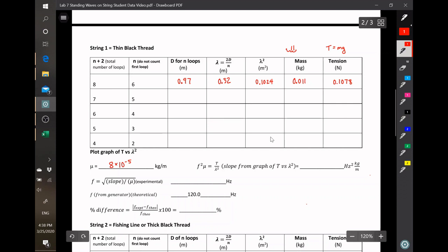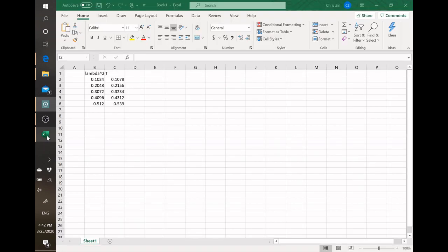But let's assume that I have completed this lab, and let me fill out some data here. Okay, here I've made up some data. Note that this does not correlate with what you will find in the experiment, but let's say that I want to plot lambda squared versus tension here. So then I go to Excel, I plug in all of those values.